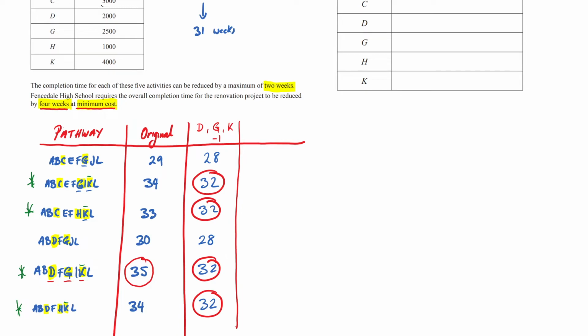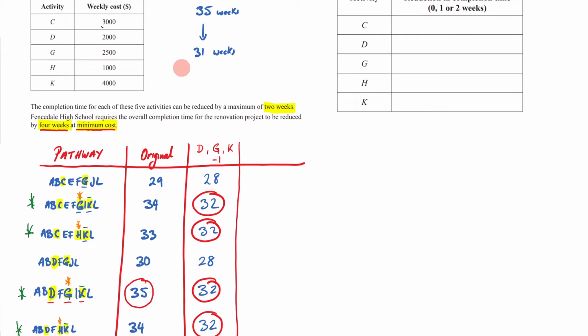Well, again, this is tricky. This is recognizing that this has a G, this doesn't have a G, this has a G, this has a G. So we don't care about that one, my bad. This has a G, and this has a G in it, but this doesn't, and this doesn't. But this has a H, and this has a H. So what if I reduce both G and H?